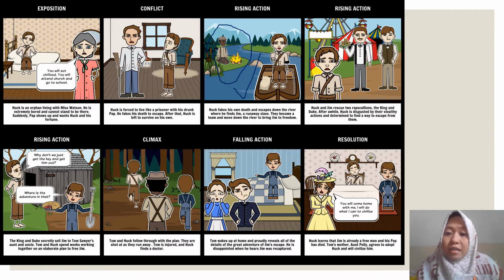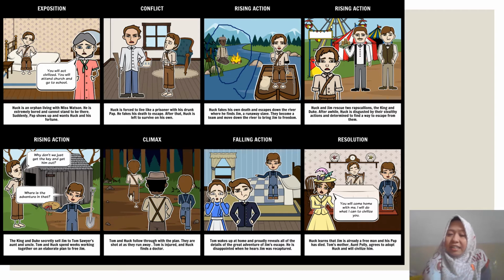Jadi ketika ada orang yang menemukan adanya budak, maka harus dilaporkan atau dikembalikan kepada pemiliknya. Akan tetapi Finn tidak melakukan itu. Jadi mereka berdua saling melindungi, gitu ya.